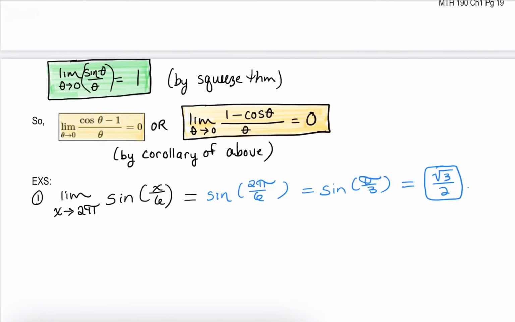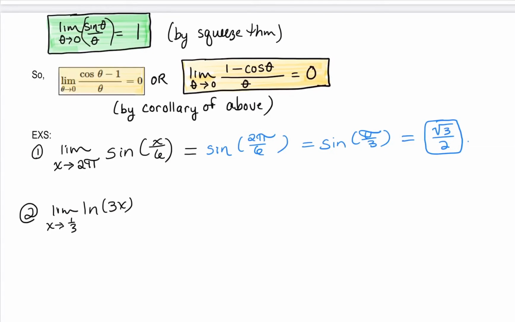Let's do another one. Suppose I have example 2: the limit as x approaches 1/3 of the natural log of 3x. An important thing to remember in general is that log functions need a positive input. I'll jot it down quickly: the domain of log of anything requires the inside to be greater than 0.